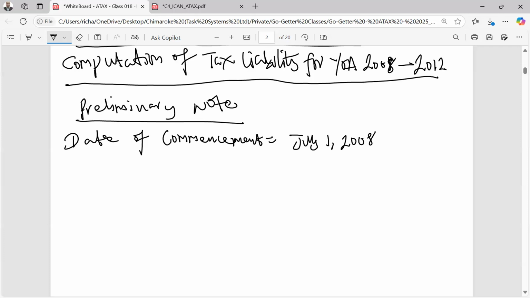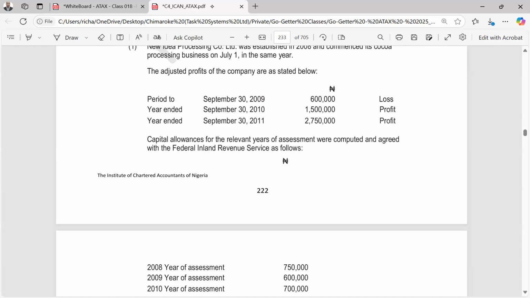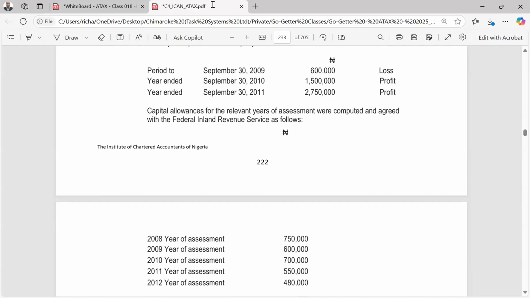Then I will say account year end date is September 30. That's for every year. Okay. All right. So let's see how it's going to be.